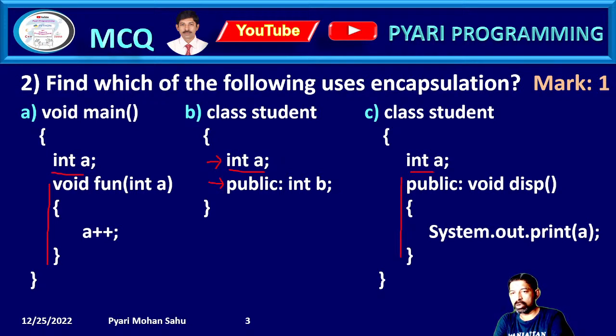One answer I got: Amrit Senapati says that it is C. Option C, class Student. Maximum of the students have given B. Sagat Kumar Hota, B. Subham Sai, C. Muti Panigrahi, C. Now those who have said C, can you justify your answer?